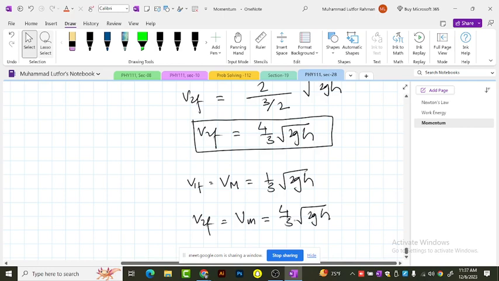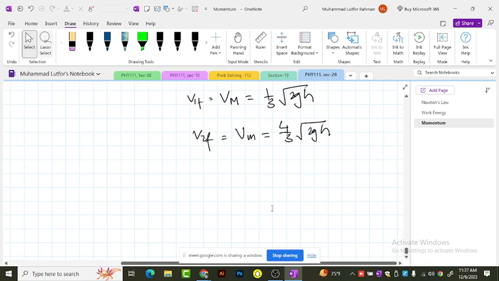Which means the smaller object has a bigger velocity. Of course it has a bigger velocity. It is 4 times that of the bigger mass, because the mass is also half of that one, right? Fine.